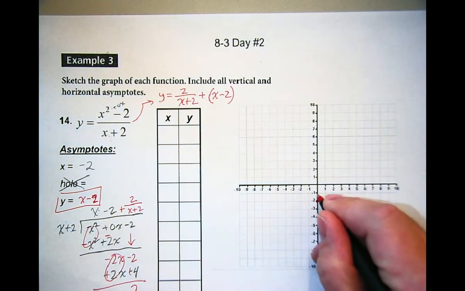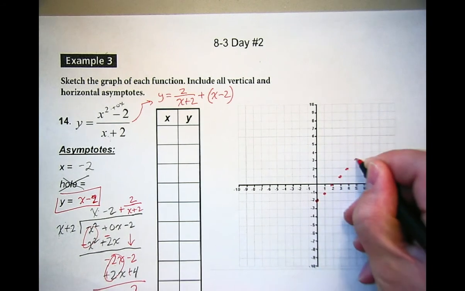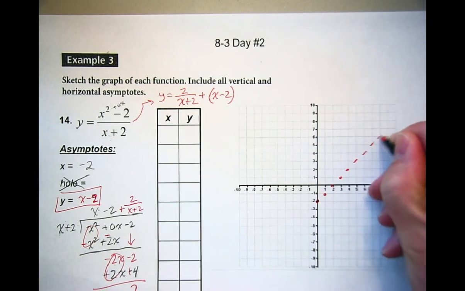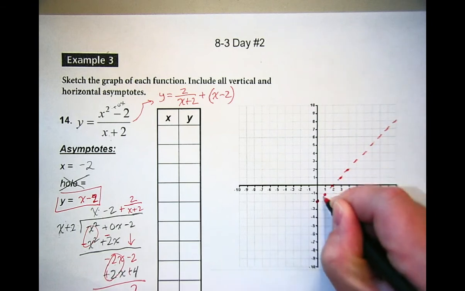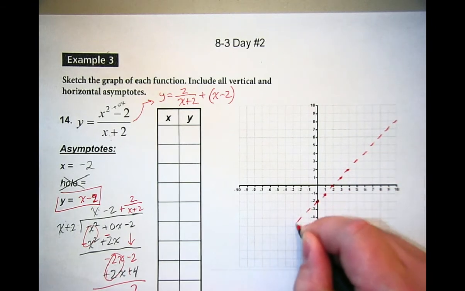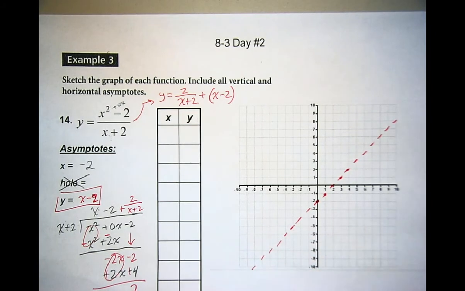We rise 1, run 1. This line, these dots, or dashes now that I'm starting to put in, that is your slant asymptote. The line y equals x minus 2. Questions there?